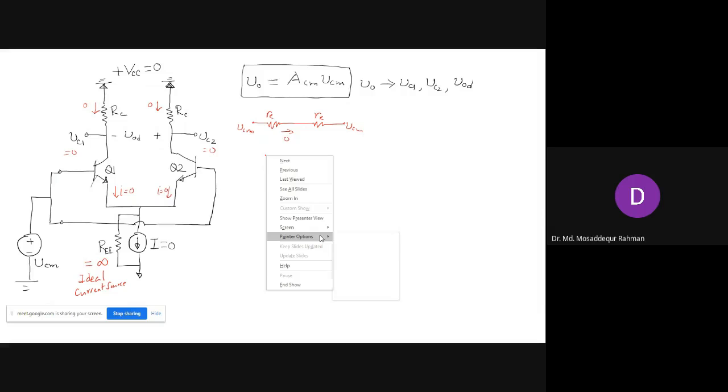So when we include that, now when you set this current to 0, this part will become open circuit, right? This part will become open circuit. But what happens here?